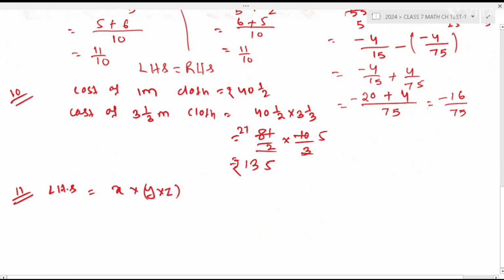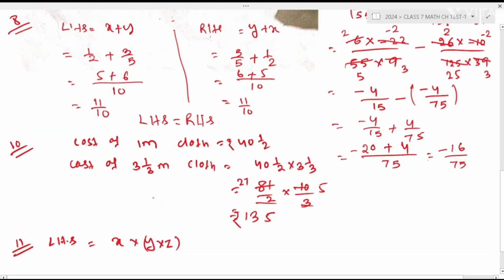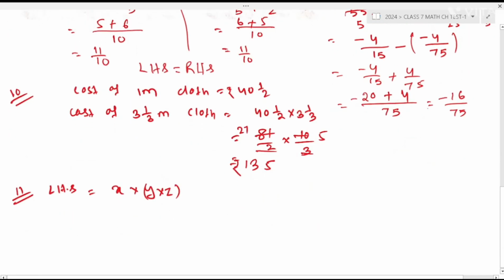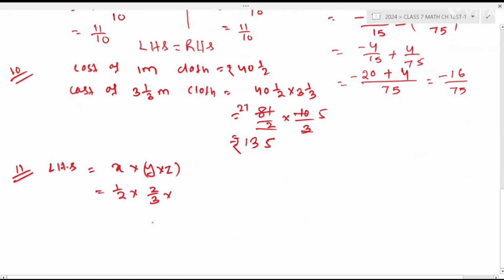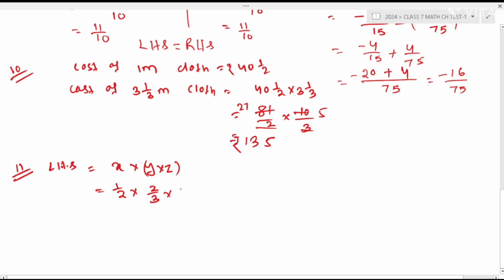Put the values: x equal to 1 by 2 into y, 2 by 3, into z, which is 5 by 7. Okay, 5 by 7. First we multiply y into z. So first write down 1 by 2. So 2 fives are 10 divided by 3 sevens are 21. Again multiply: 10 ones are 10, 21 twos are 42.